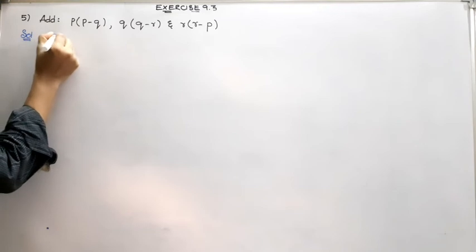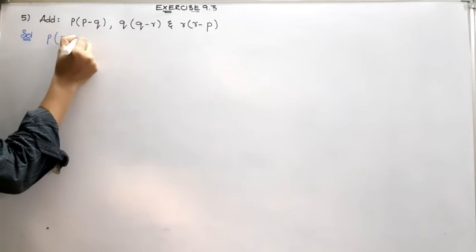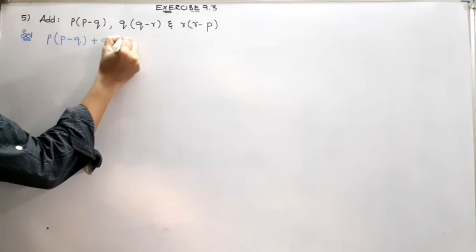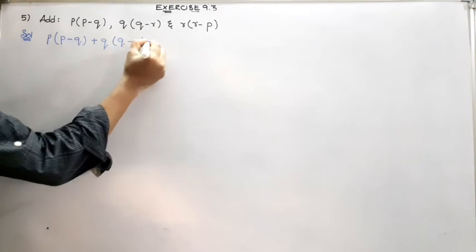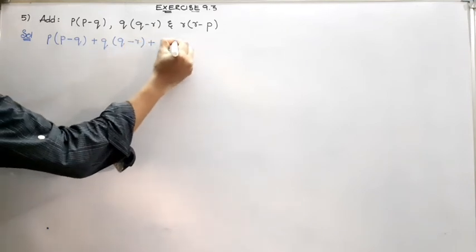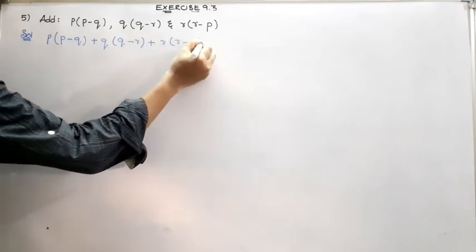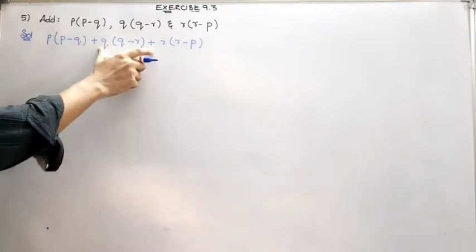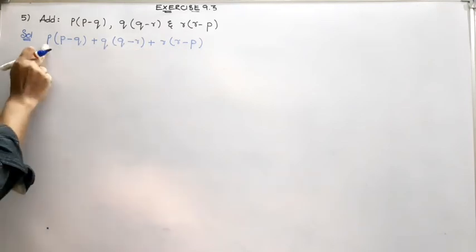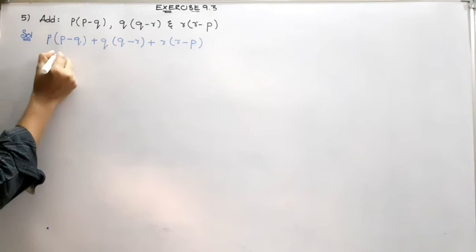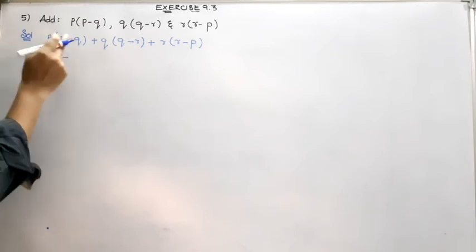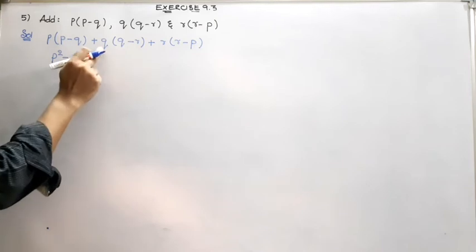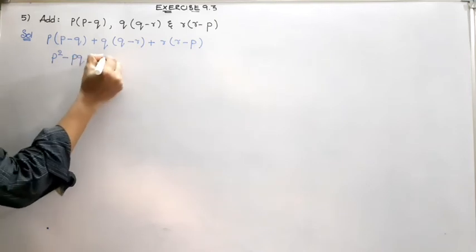So P into P minus Q plus Q into Q minus R plus R into R minus P. As they asked us to add, I am taking the symbol of addition. So P into P, P square, minus P into Q, PQ, plus Q into Q, Q square.